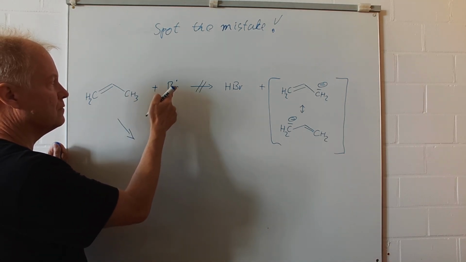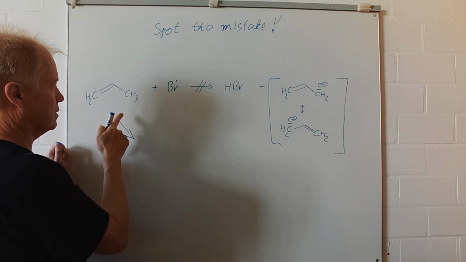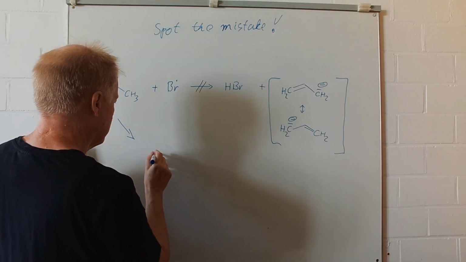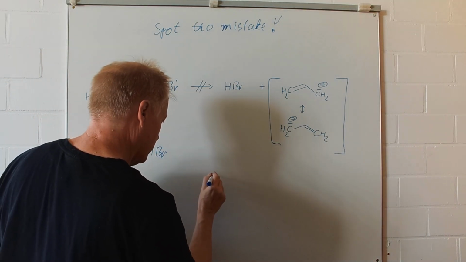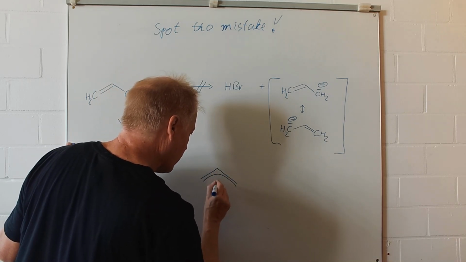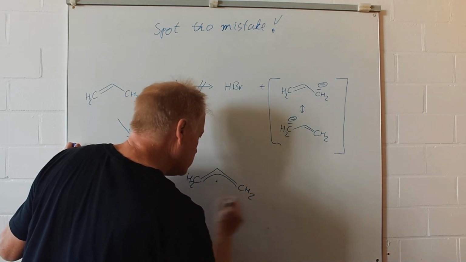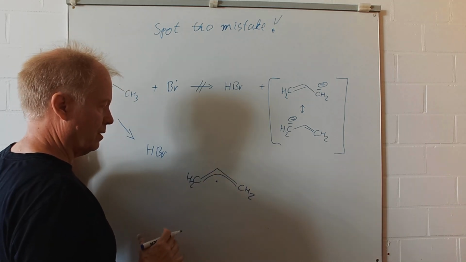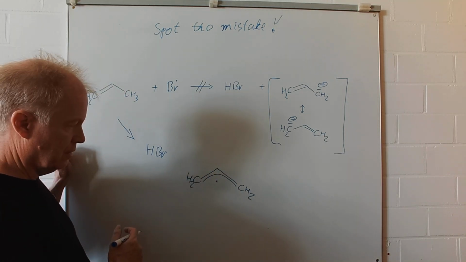Here this bromine radical will abstract a hydrogen atom, forming indeed HBr plus this allylic radical, CH2 here, CH2 there. You can draw a mesomerically stabilized allylic radical just as I did here.